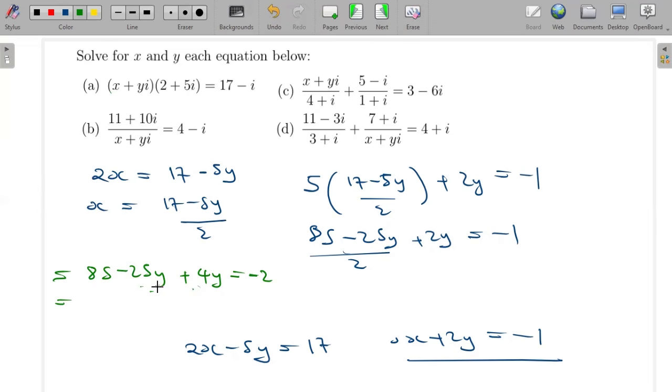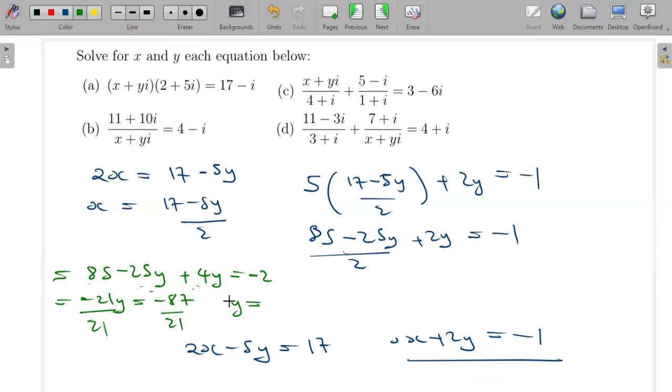So I just add these two, I get negative 21y is equal to, taking this to the other side, negative 85, then that plus negative 2 gives me negative 87. So I divide here by 21, there by 21.